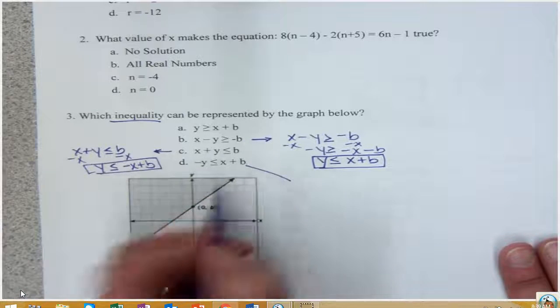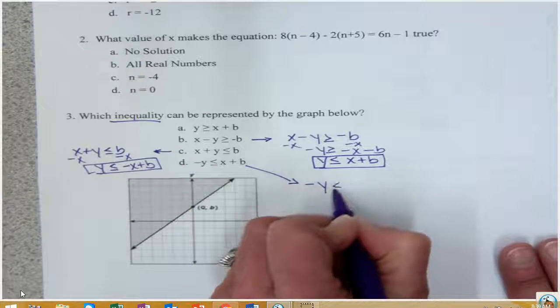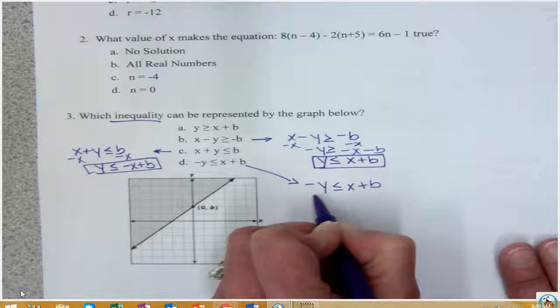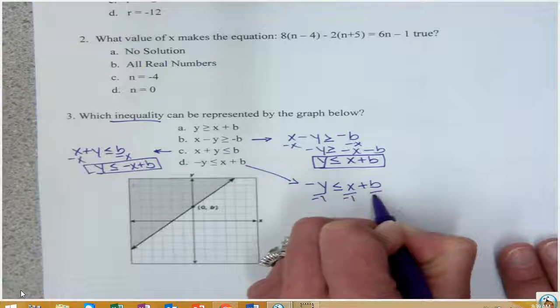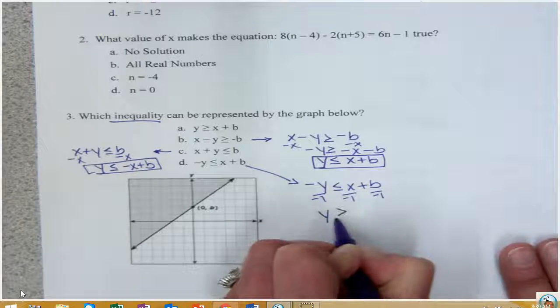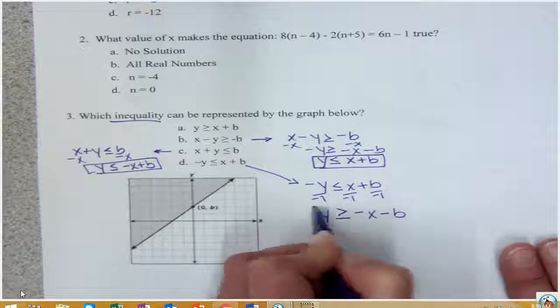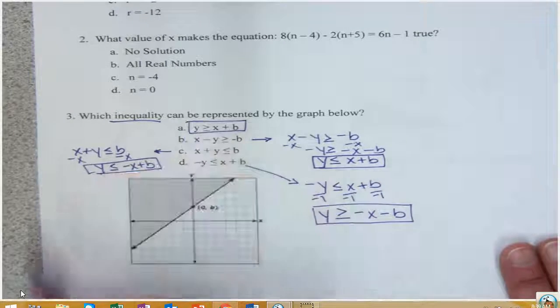And my negative y greater than or equal to x plus b, I've got to divide by negative 1. And I'm left with y, but I have to change my sign. Negative x minus b. So which of these three, this one's already in y-intercept form.